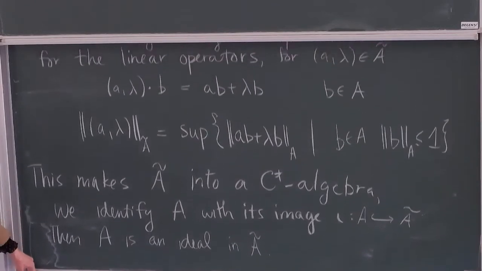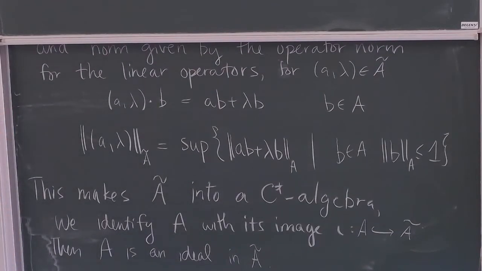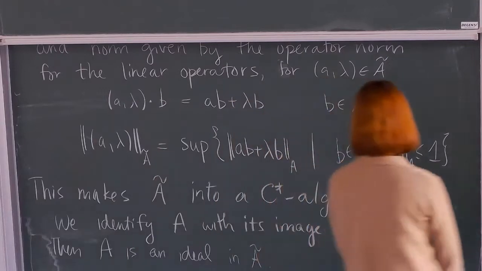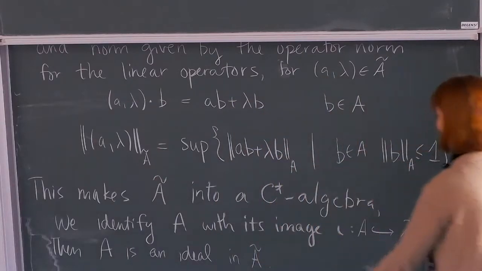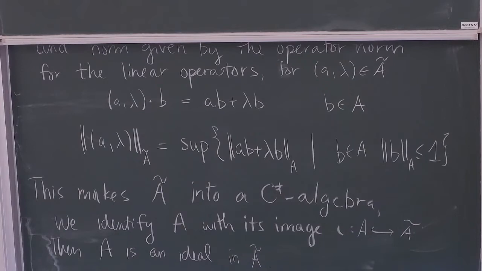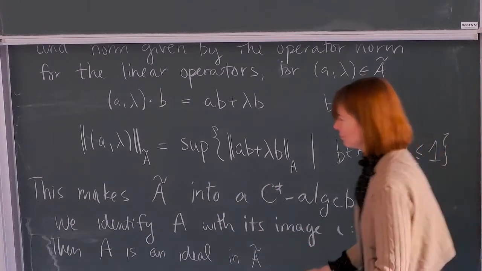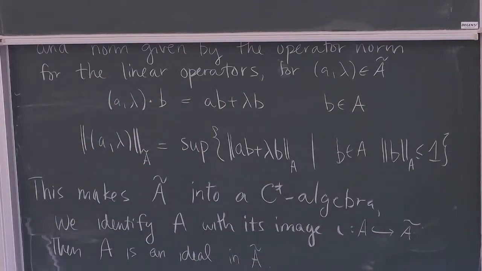So this ideal is, as you can see, quite large. It's most of A tilde. And this A tilde is now a unital C-star algebra, which is why we call it a unitization. And this is somehow the smallest unital C-star algebra that you could put A into, which is why we think of it as minimal.